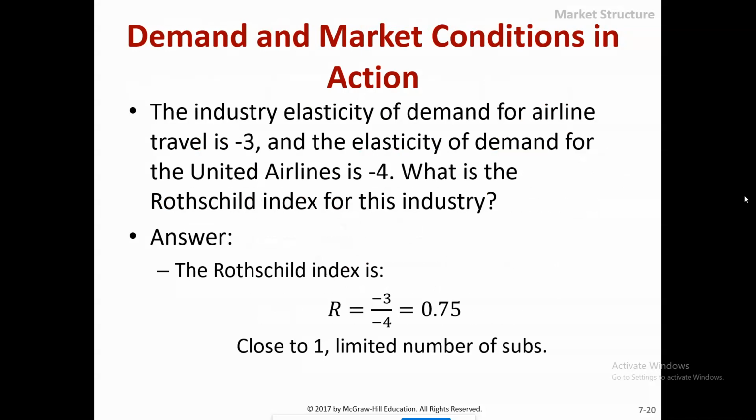We can see it is -3 over -4, which is 0.75. It is pretty close to 1, meaning consumers have a limited number of substitutes. They have a limited number of airlines to choose from given the airport and the route and itinerary they want to choose from.